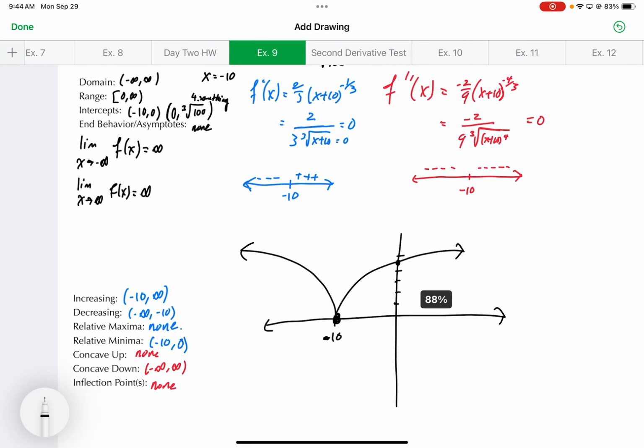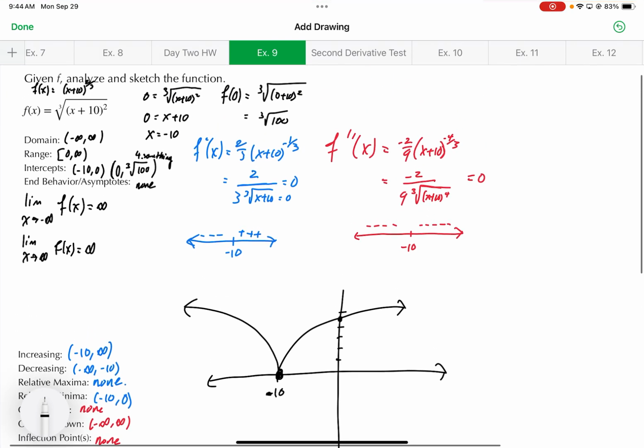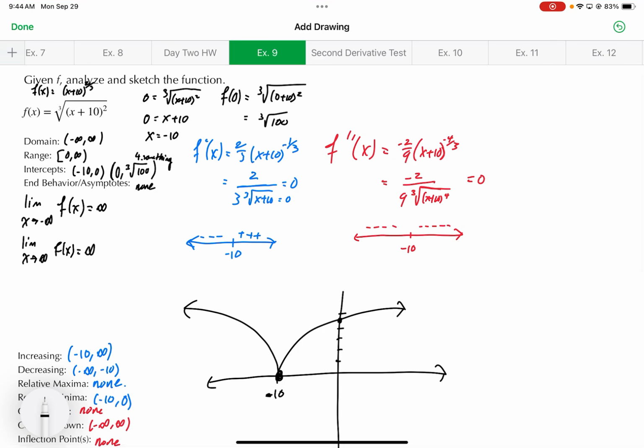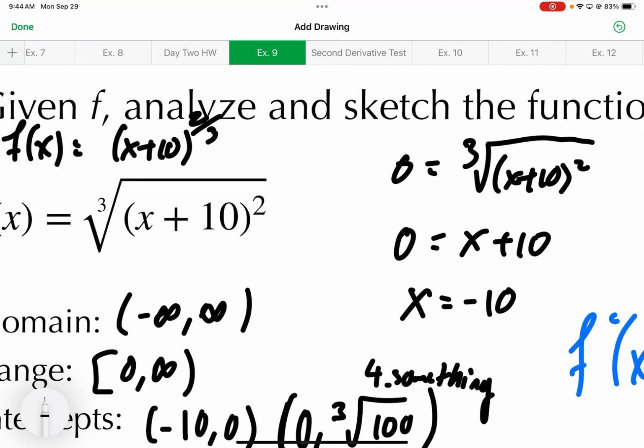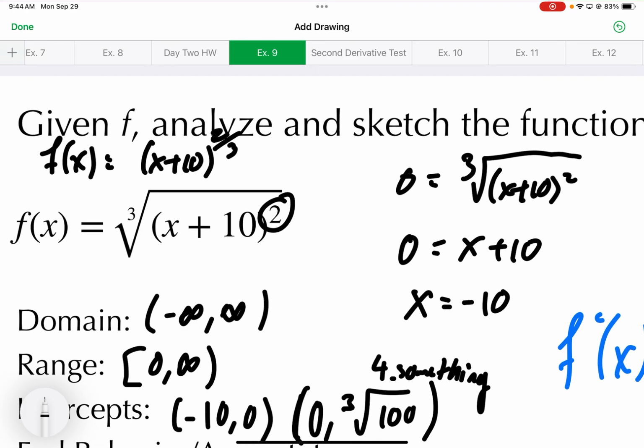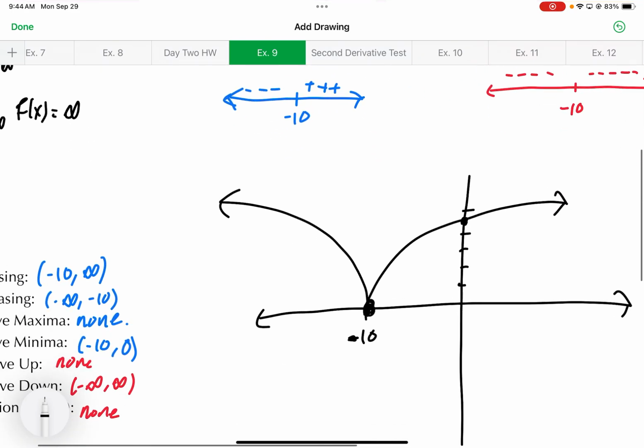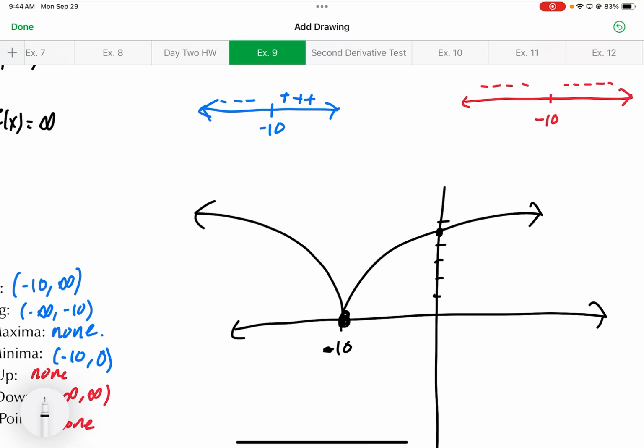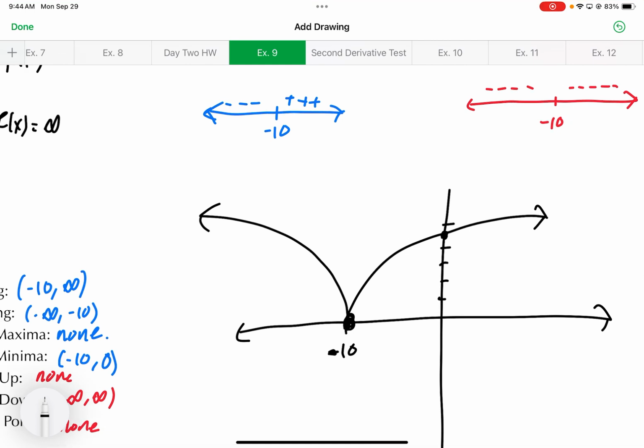Now, one thing that could change that, in my original function, if this square wasn't there, what that's doing is it's taking all my outputs and making it positive, right? So imagine that square wasn't there and I was just taking the cube root. Well, how would that change what our graph looks like? These values wouldn't be positive. Instead, it would almost reflect down, right?